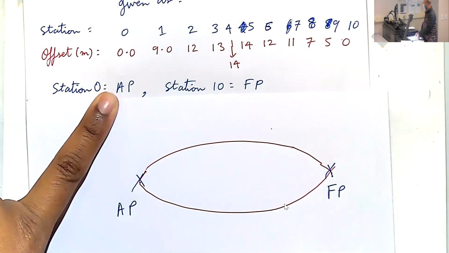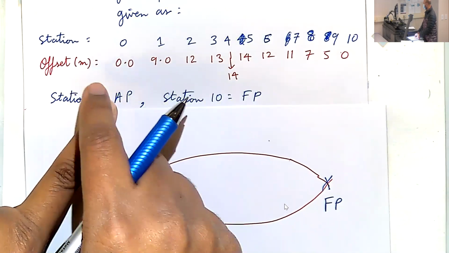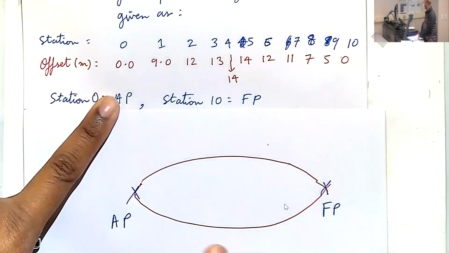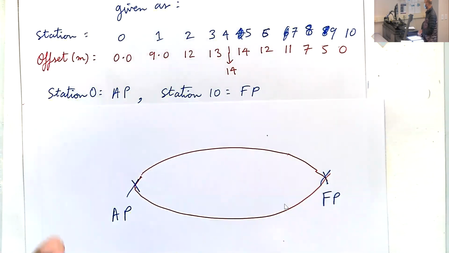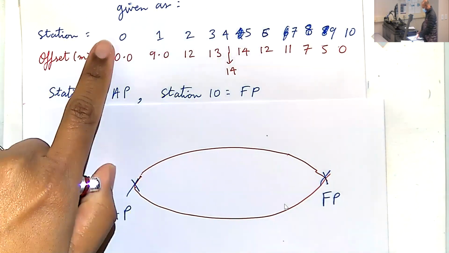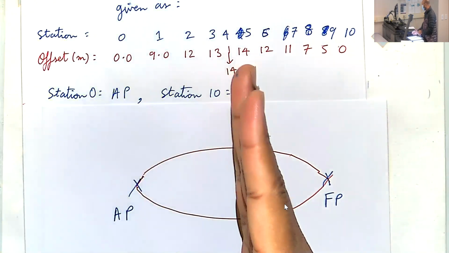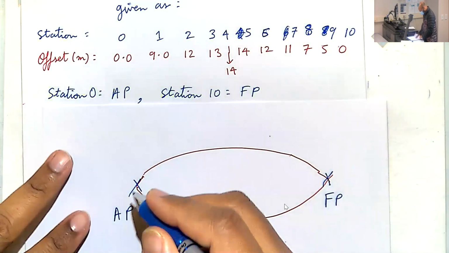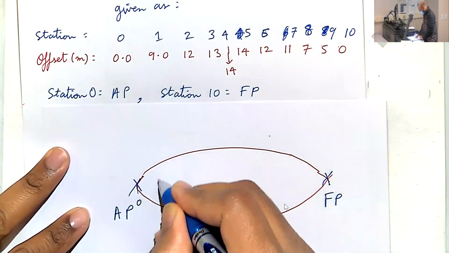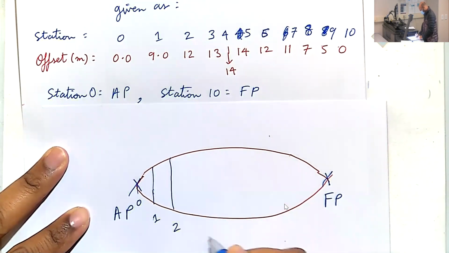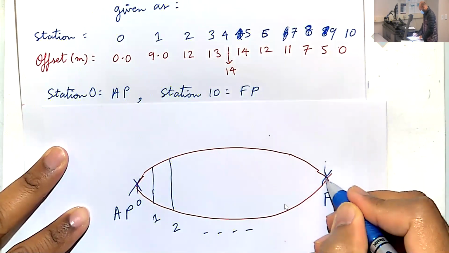All right, now can you imagine what these coordinates mean? So it's basically slicing this up into 10 sections, correct? So we are looking at station 0, station 1, 2, and we end up at 10.